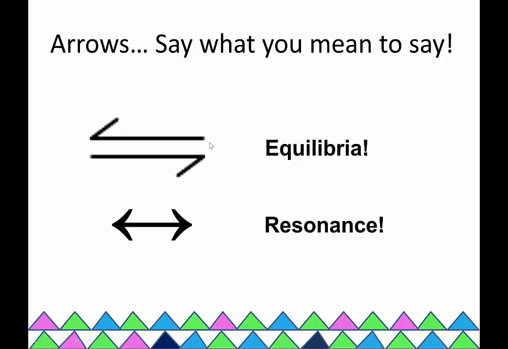Just an important aside, be really careful about arrows. Say what you want to say. If we're talking about equilibria, you use these two arrows that are only single-headed. And resonance structures, if you're using resonance arrows, then you have this double-headed arrow.